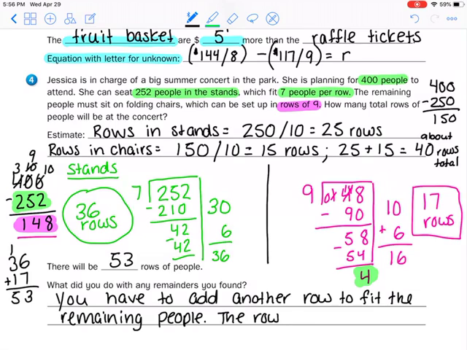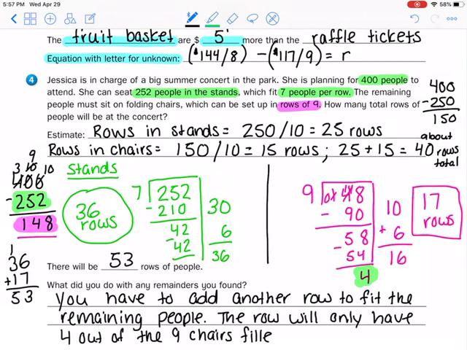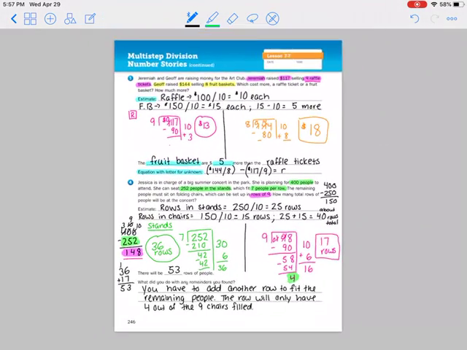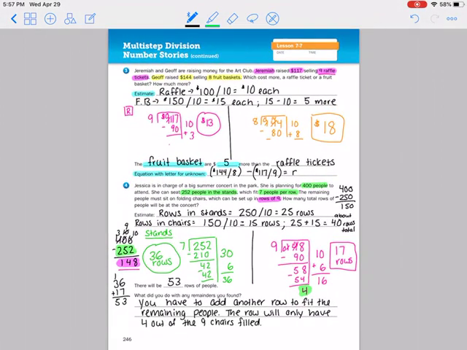The row will only have 4 out of the 9 chairs filled. It won't be a complete row. Okay, so the first page was all about division with no remainders, and this one was dealing with remainders.